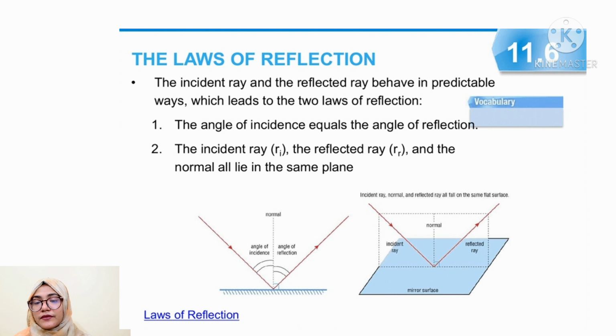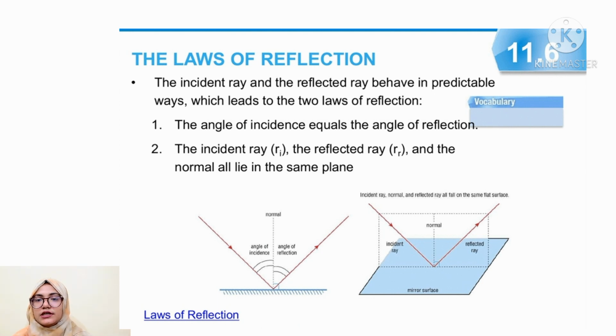And number two, the angle of incidence is equal to the angle of reflection. Okay, so these are the laws of reflection. Then the next topics: regular reflection and irregular reflection.